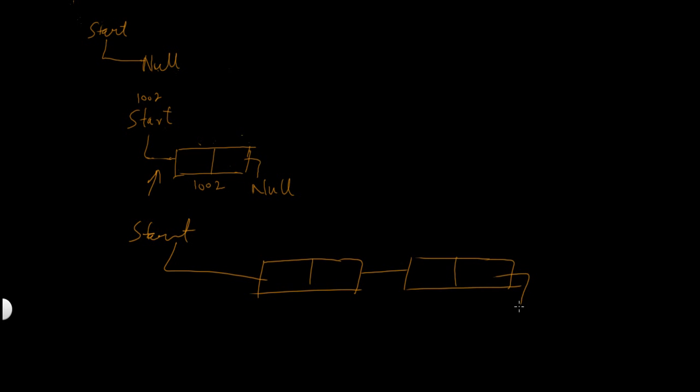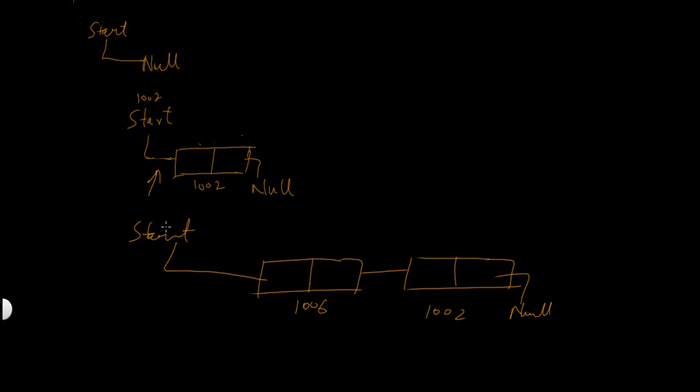So this is how the linked list will look after adding a node at the beginning. And suppose the address of the new node which I just inserted is 1006.